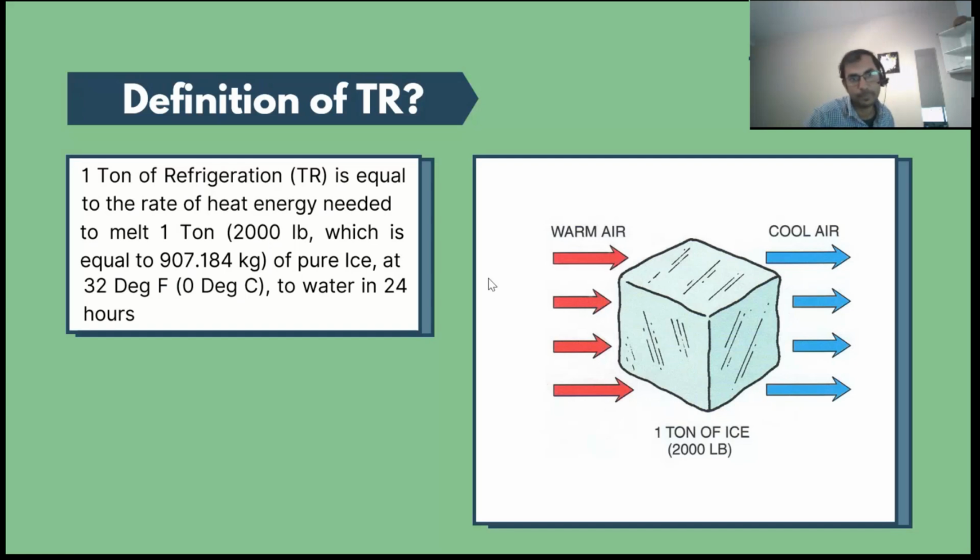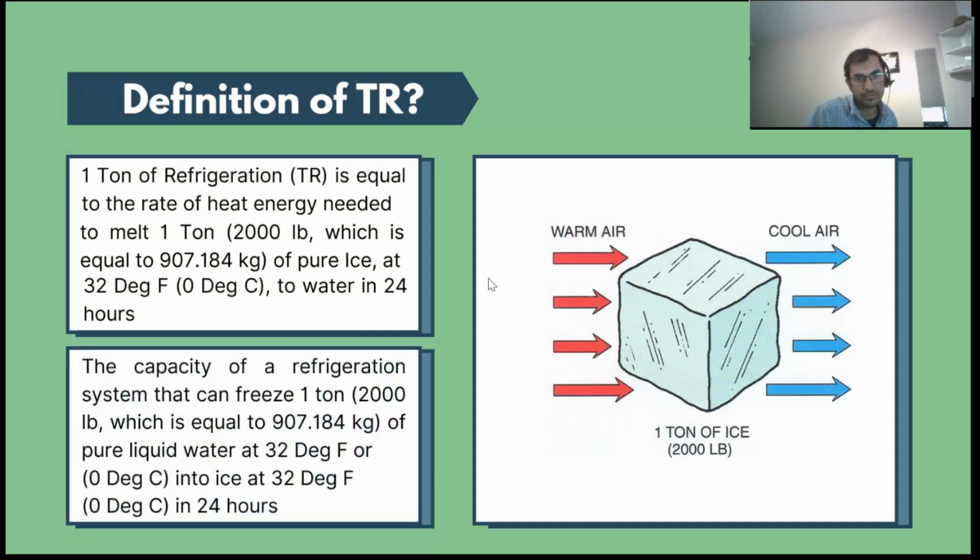So if this 1 ton of ice melts at 0 degrees centigrade in 24 hours, then we say that it is 1 ton of refrigeration, or 1 TR.